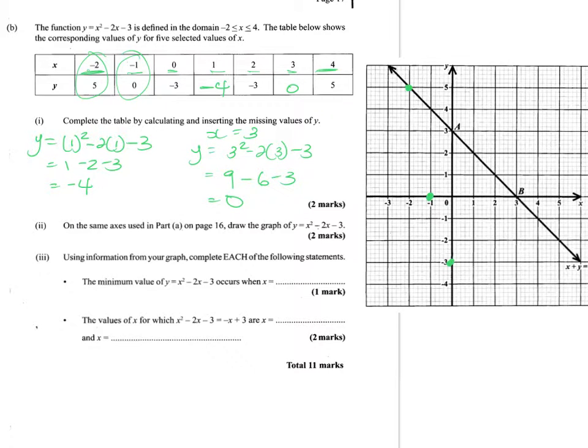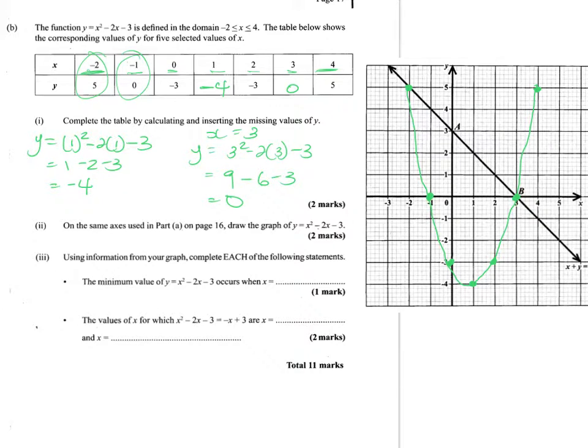Next is 1, minus 4. Next is 2, minus 3. Next is 3, 0. And the next coordinate will be 4, 5. We see the shape of a quadratic and it looks right. So we draw in the quadratic curve on the graph.